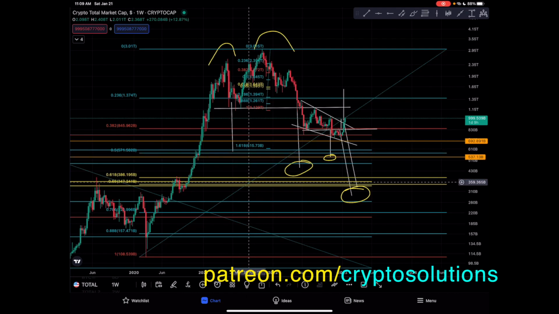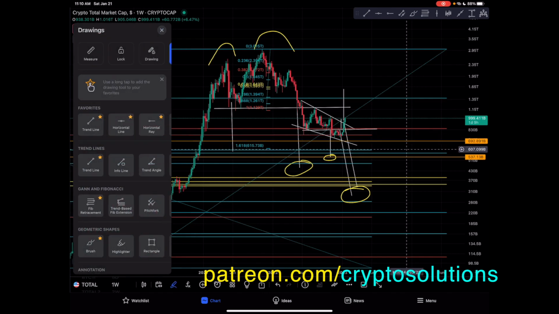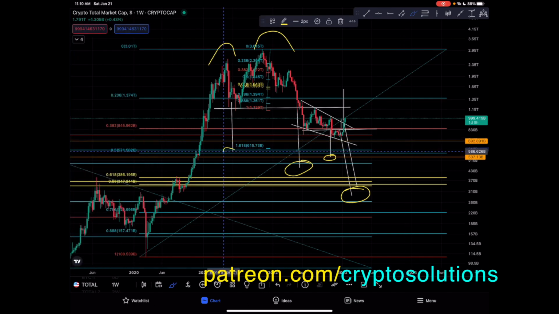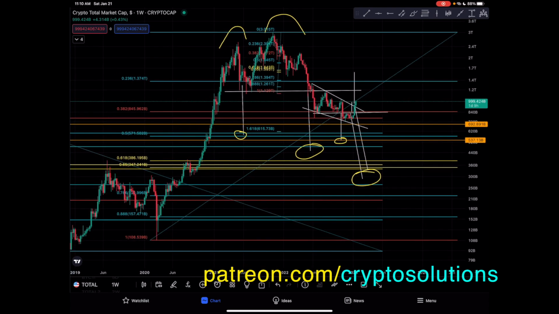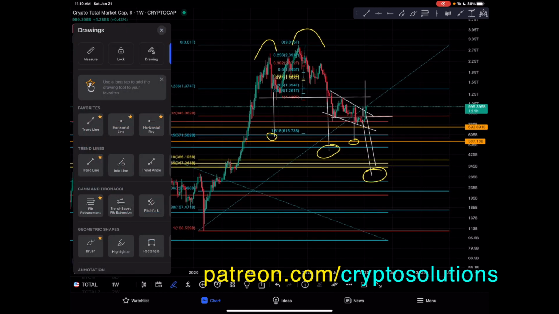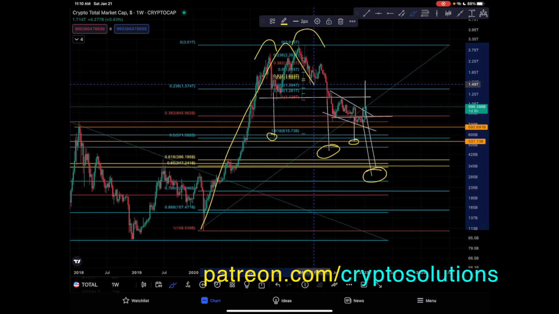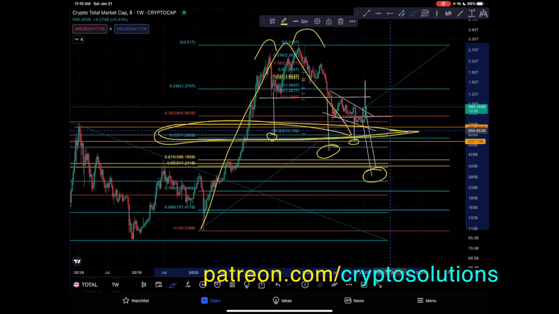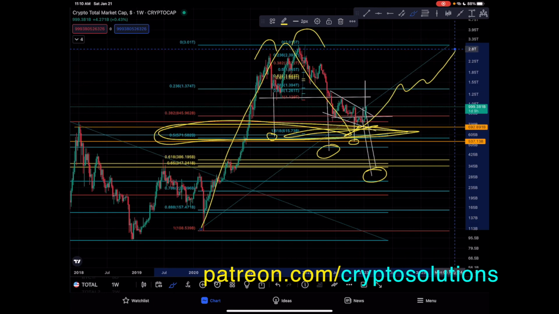Okay, that's a huge space from here to here. So here will be the target. Also, like I mentioned before, this 0.5, the 50% movement, hasn't been completed just yet.